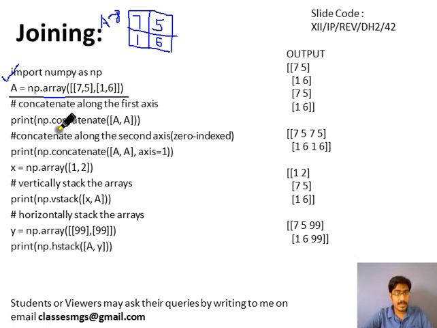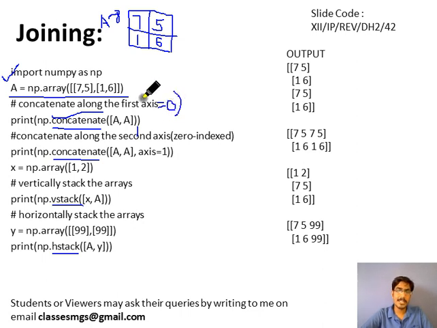Now we will see another method, that is the concatenate method. To join the arrays we can use vstack and hstack, but you can also use the concatenate method for the same purpose. If you want to join the arrays along the axes, like if you want to perform the vertical joining, then you will use the concatenate method with axis equals to 0.